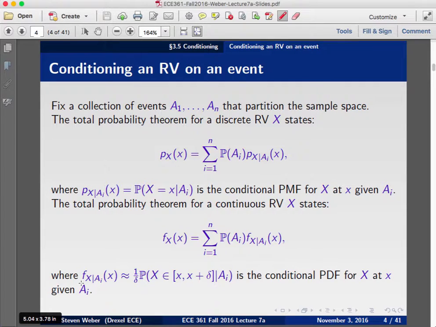Again, recall from last lecture where we talked about the interpretation of the conditional probability density function little f sub X given A_i as roughly the probability per unit length conditioned on A_i being true.